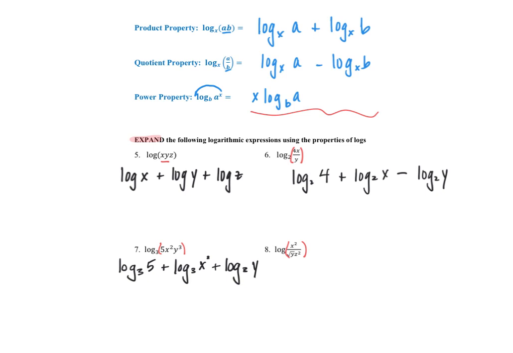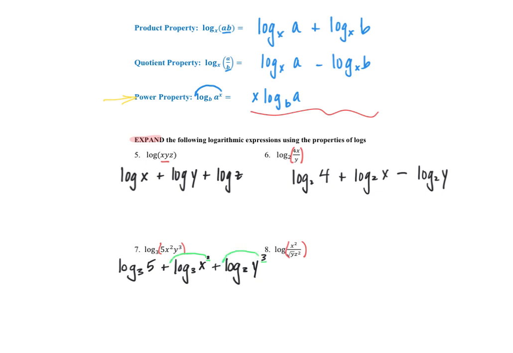Now, I know I'm done when I have used all of these properties. And if you see where I have not applied that power property, anywhere that I have an exponent in my argument, so for example, here my squared and my cubed, I need to get rid of that. And I'm going to get rid of that by bringing those exponents in front as coefficients.